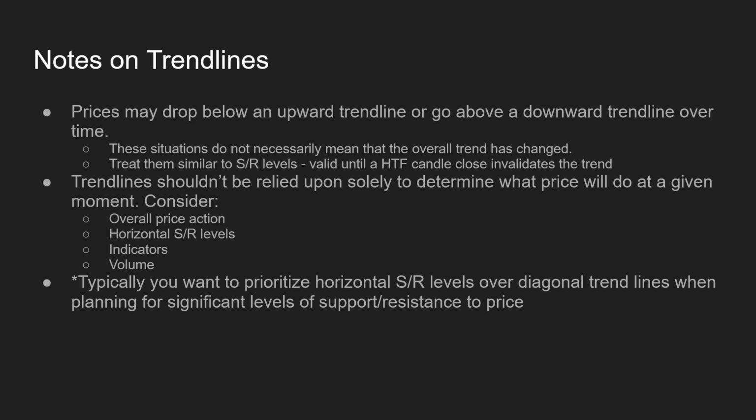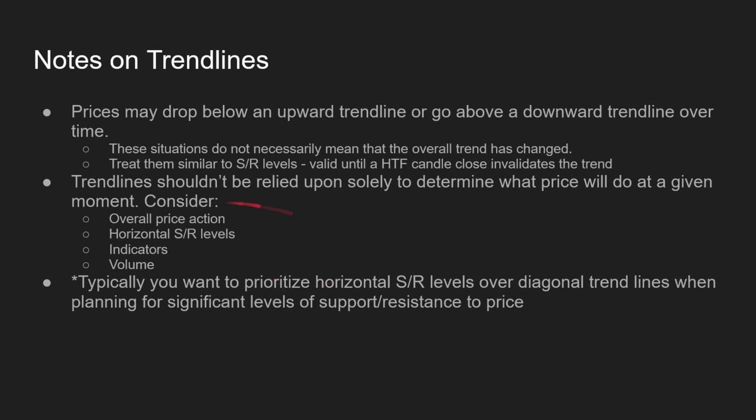What do I mean by that? Well, I find, and I find that most experts have it's a bit unstated, that support and resistance levels are more dominant compared to diagonal trend lines. Diagonal trend lines break much more frequently and are generally less significant when price nears them.